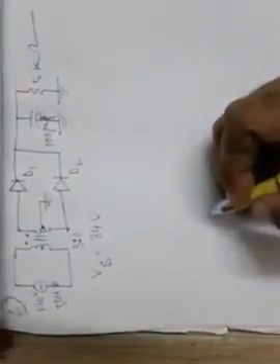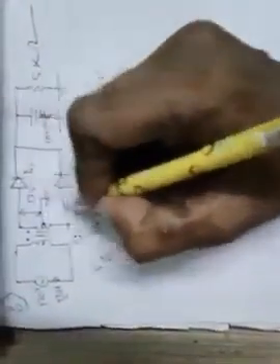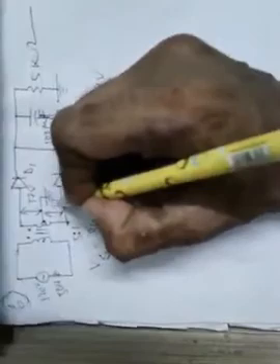This was already calculated in the last problem. Now half this voltage is the input to each diode, because of the center tapping. That means within this part it is 34 volt divided by 2, that is 17 volt each. This is 17 volt and this is also 17 volt, for each of the 2 diodes at its input.